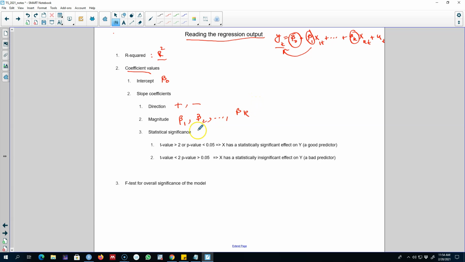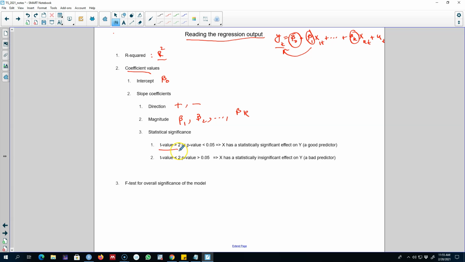Now, after you read that, apart from the direction and the extent of the relationship, you also need to know whether there is a statistically significant relationship between each x variable and y variable. For example, you have to know whether x1 has any statistically significant relationship with y or not, and you can read this by looking at the t-values in the regression output table.